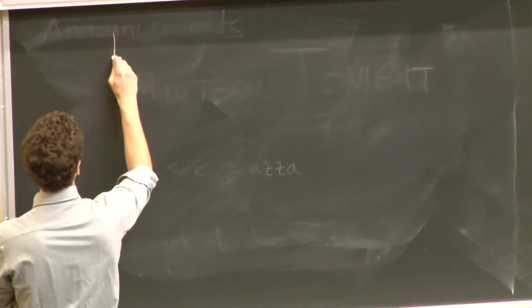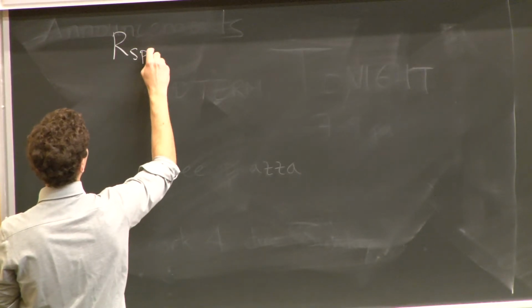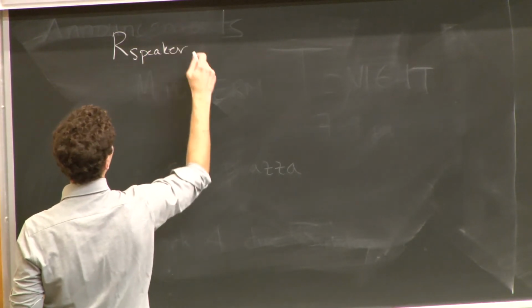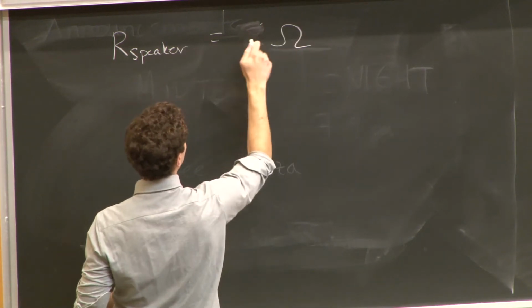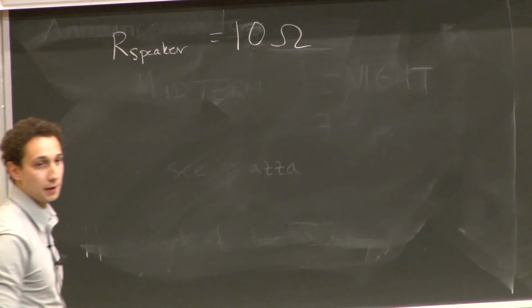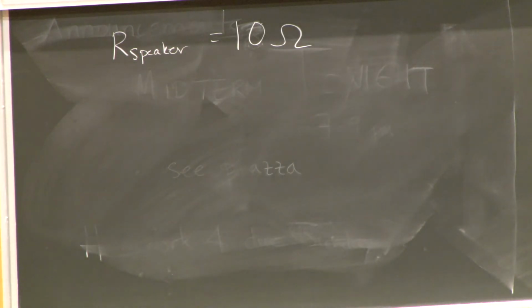Let's say, just for example, our speaker is 8 ohms. Well, let's make it 10, just a nice even number. 10 ohms, which is not an atypical resistance for a speaker.